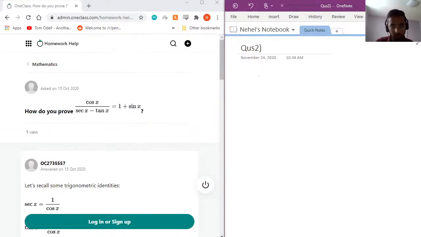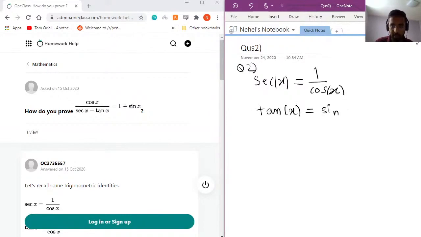So we need to know that secant x is actually nothing but 1 over cos x. And then tan of x is nothing but sine of x divided by cos of x.